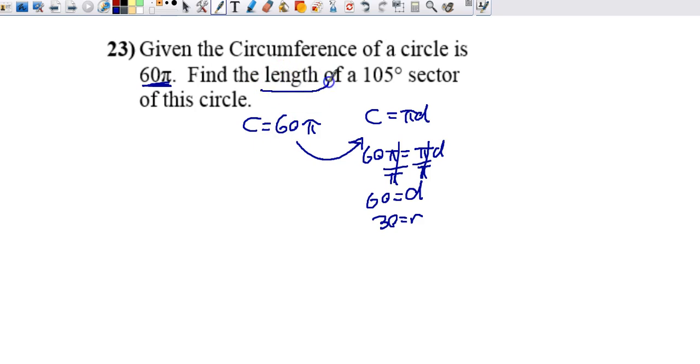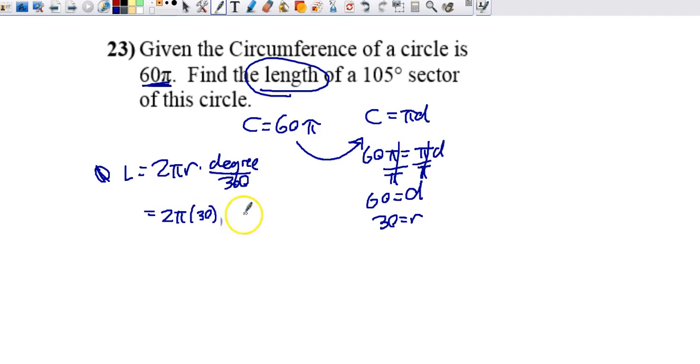So we want to know the length of a 105-degree sector. So the arc length formula is 2 pi r times degree over 360, and r is 30. My degree is 105.